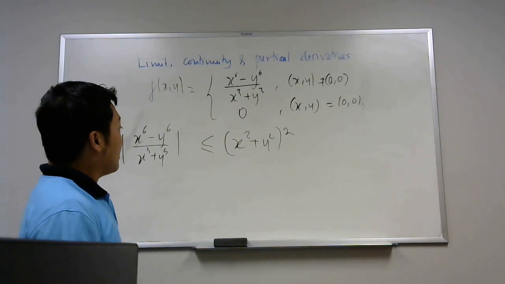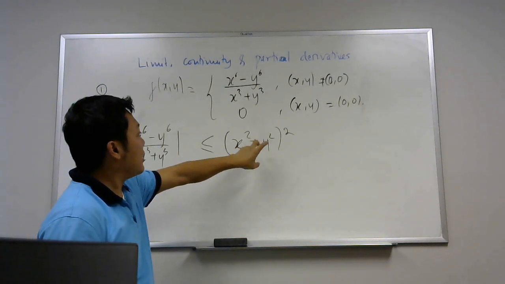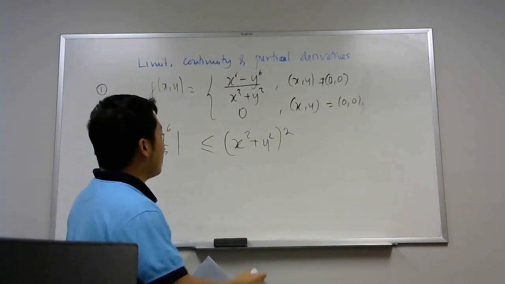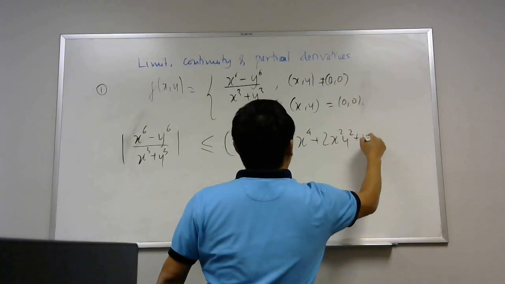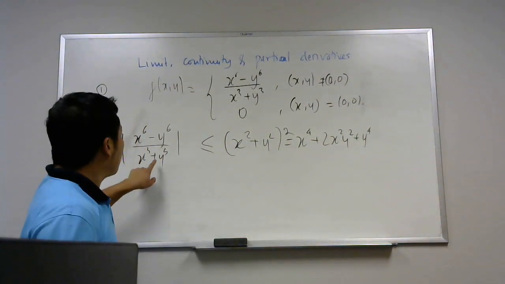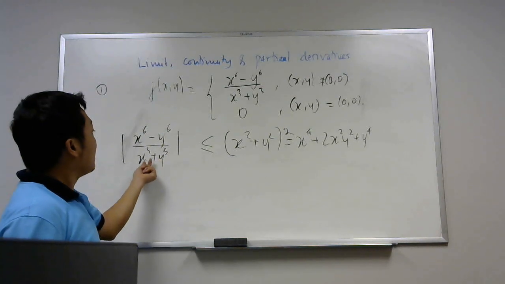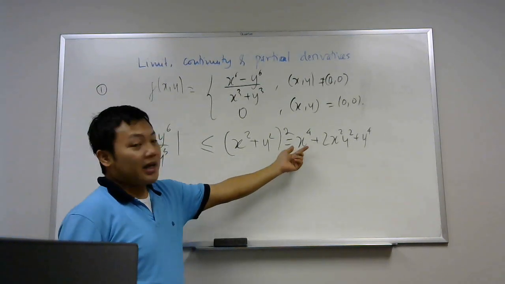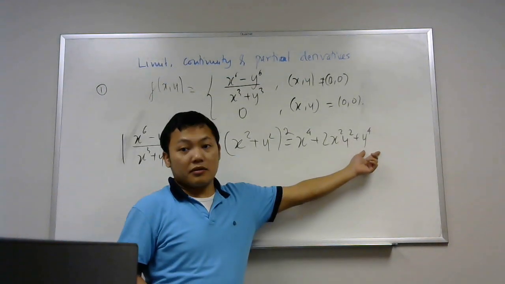Why? Because when you just expand this, you get x^4 + 2x^2y^2 + y^4. And then you use cross multiplication, you get x^3 and y^3 in here, right? x^3 with x^4 is x^7, and x^3, y^3 with y^4 is y^7.